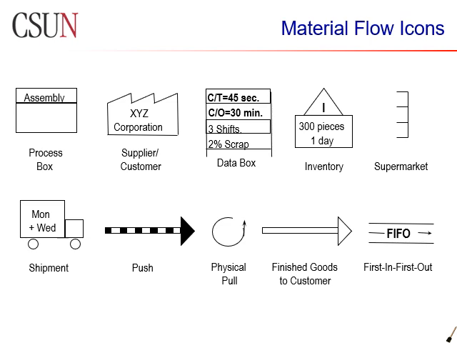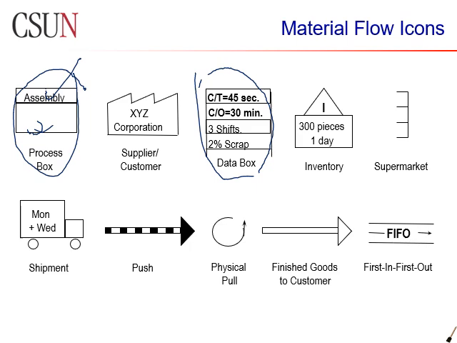Before we proceed, we need to introduce some of the tools that we use. For the material, whenever there is a process, we use this for a process. This is the name of the process, and inside it, how many to be produced per process. And then this is called the data box.